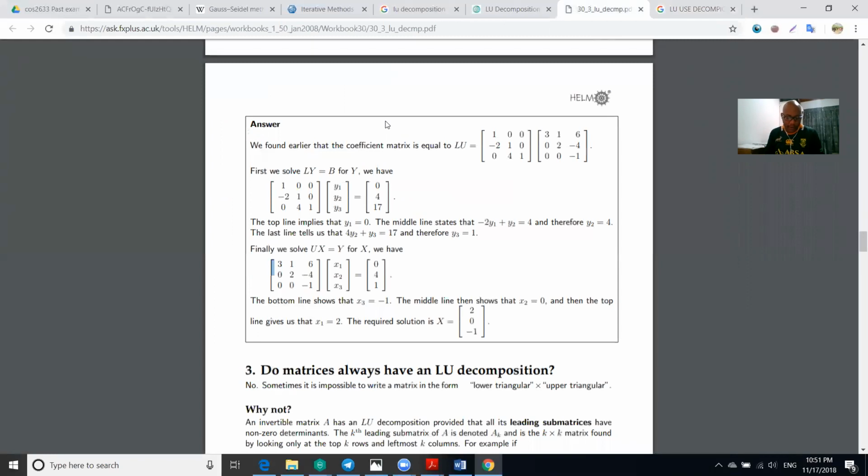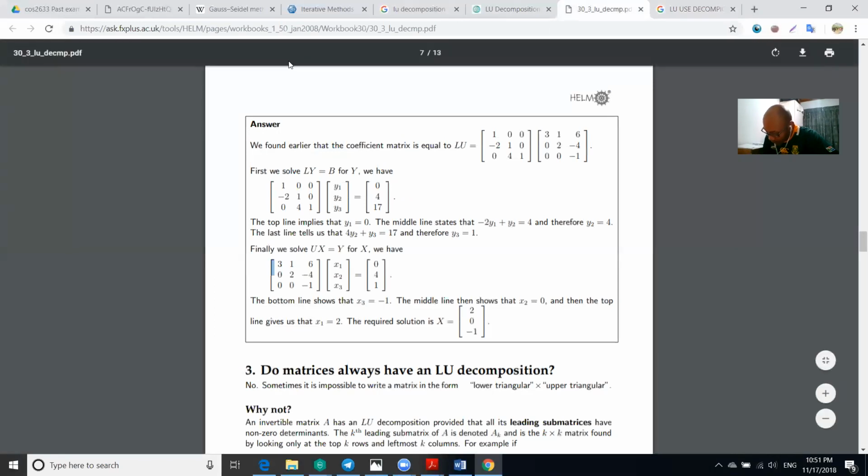So we know A small x equals B, therefore it's LU small x equals B. And then we let y equal Ux, and then we solve Ly equals B to find y, then Ux equals y to find x.